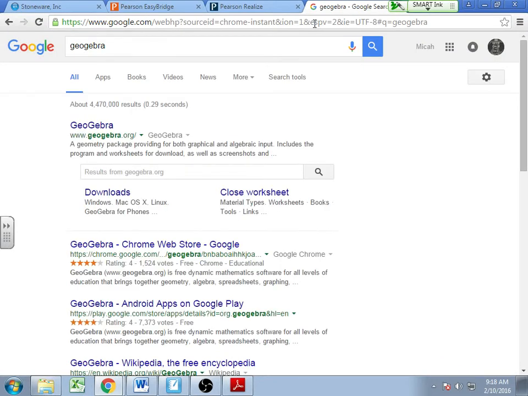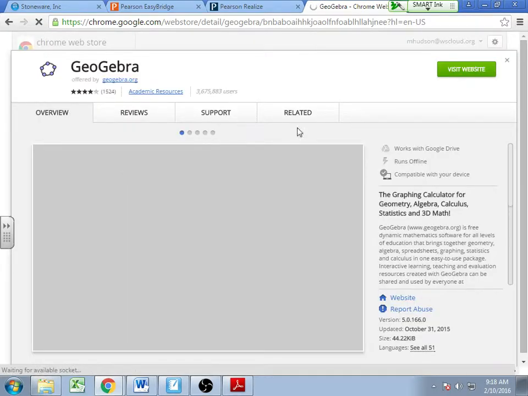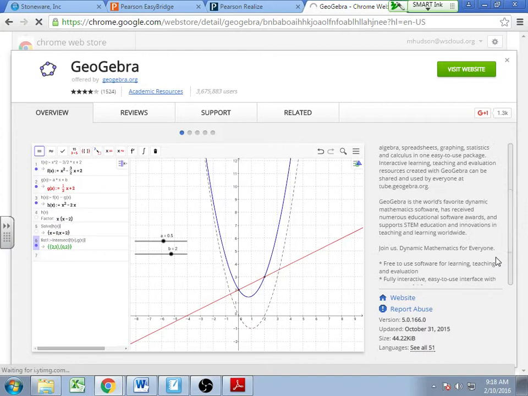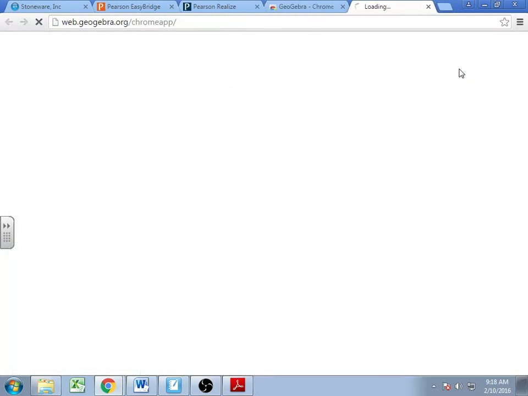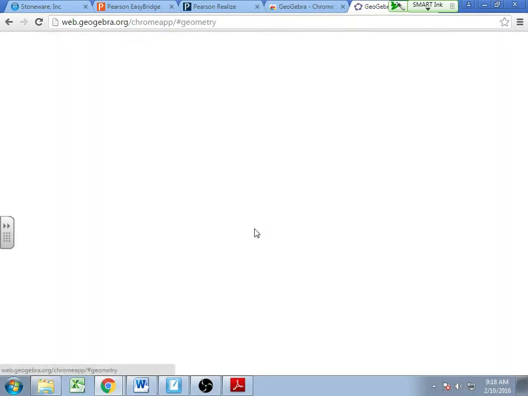It's an app, so if you go to the Chrome web store, you don't have to download anything, you can just launch it. So geogebra.org/Chrome app.